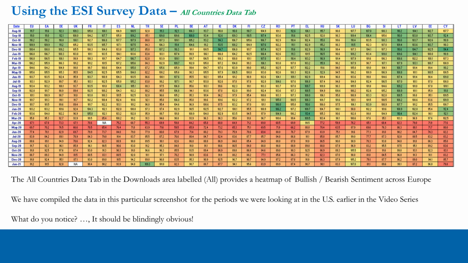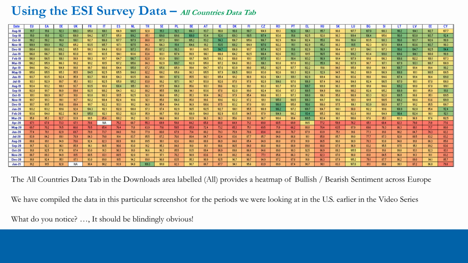And we've taken a screenshot here from August 18 to the beginning of 2021, from the times of economic history that we looked at in previous videos. So the August 18 to August 19 period, and also up to December 2020.